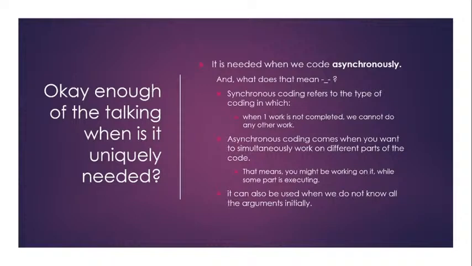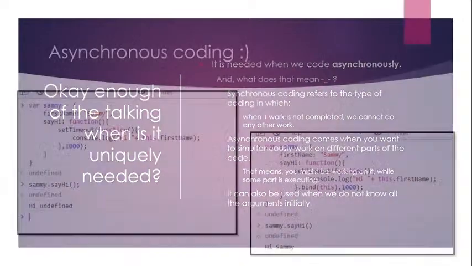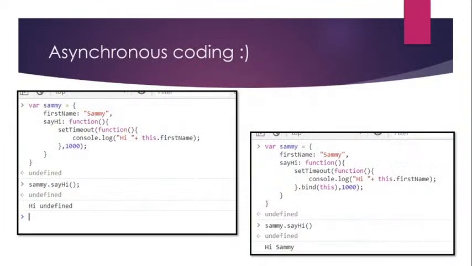And bind can also be used when we do not know all the arguments initially, and there are some calculations, and after that we know the rest of the arguments. Okay, so in the case of asynchronous coding, I'm going to give you the example of setTimeout.